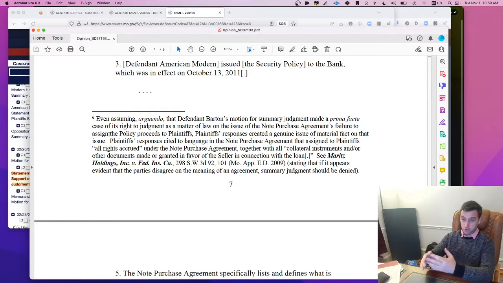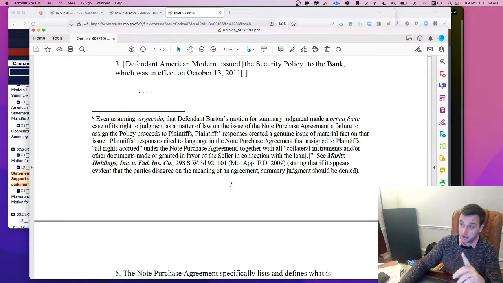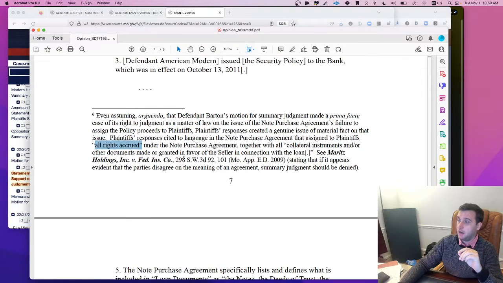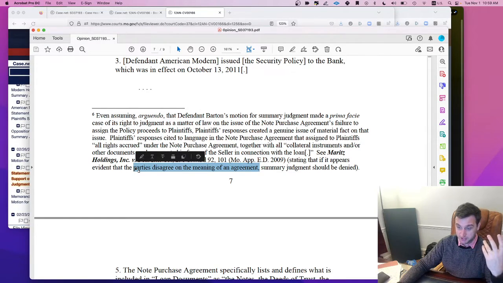In fact, the court could not grant summary judgment even in that situation, because the interpretation of the note purchase agreement and the rights accrued under it is in dispute. The parties disagree about the meaning of the note purchase agreement that affected the assignment of benefits for receipt of the proceeds for the underlying property damaged in the fire. Because there's a disagreement about this, that's a material fact that precludes summary judgment.